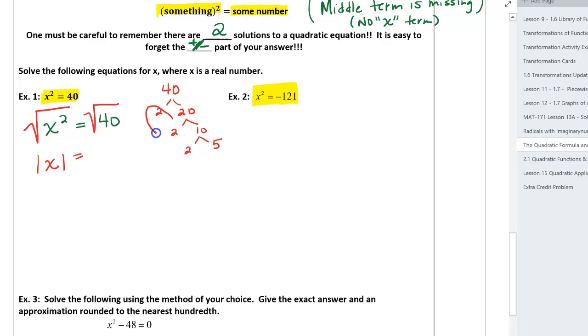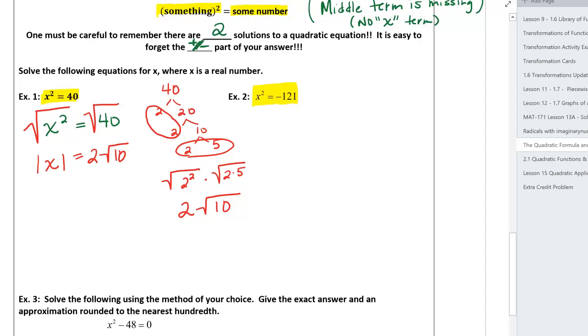So I have a pair of 2's here. So I'm going to put my pairs under one radical, and then my non-pairs, 2 times 5, under the other radical. The square root of 2 squared is 2, and 2 times 5 is 10. So the absolute value of x is equal to 2 times the square root of 10.